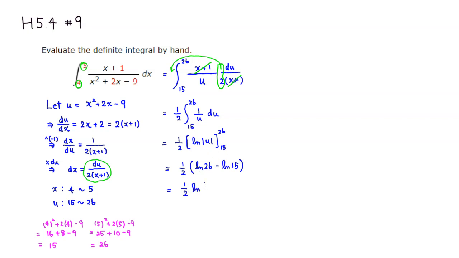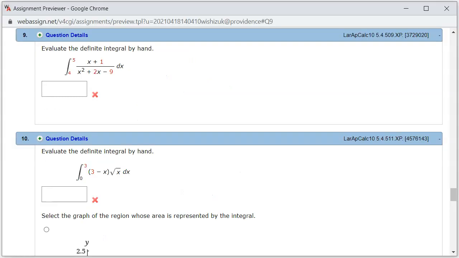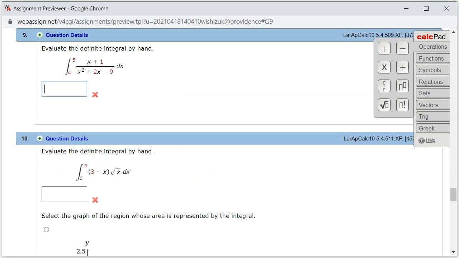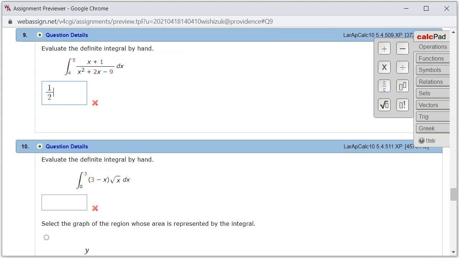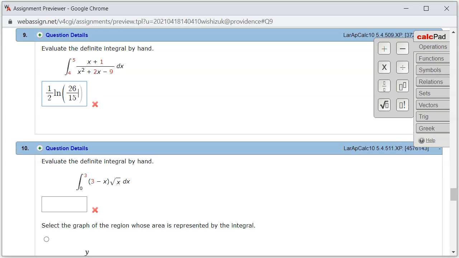So natural log of 26 over 15. So let's type it in. We got 1/2 natural log of 26 over 15. All right, let's check the answer.